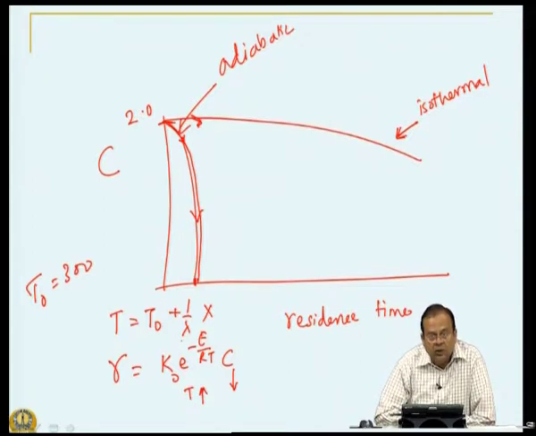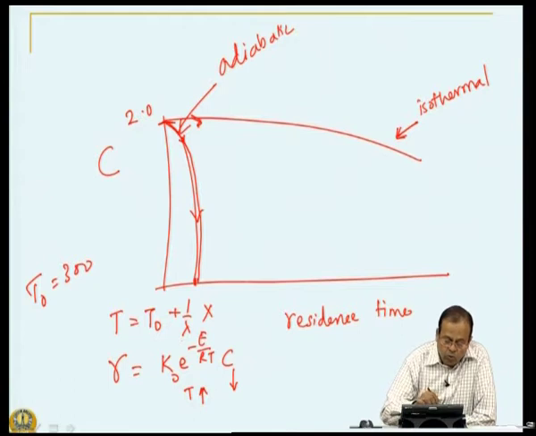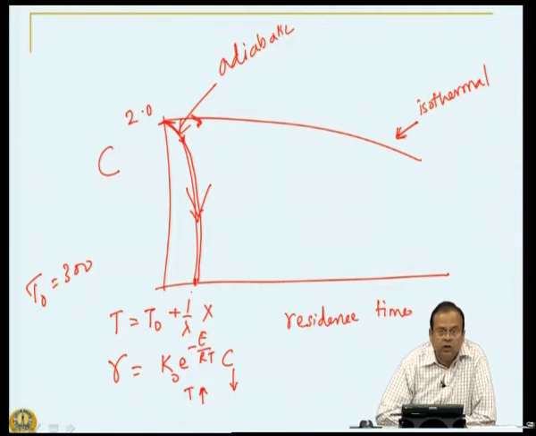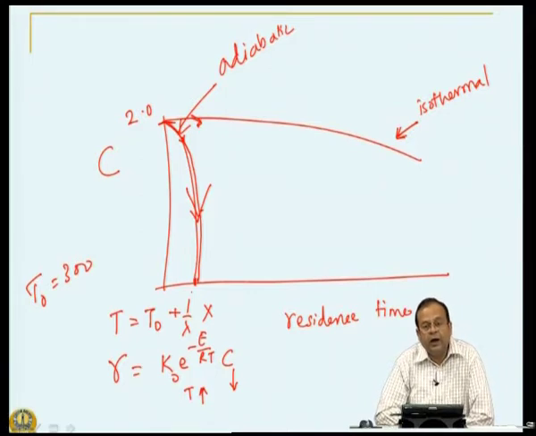So, as the temperature increases, the rate increases. As rate increases, concentration decreases. Decrease in concentration further increases the temperature, leading to almost a runaway reaction, that is, the consumption of the reactant is almost infinitely fast if this reaction is to take place in an adiabatic reactor.